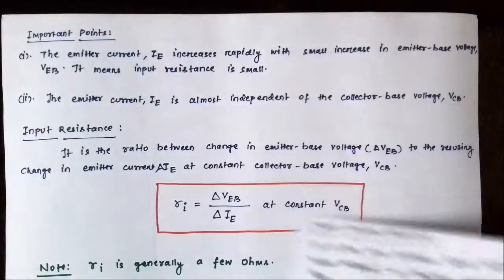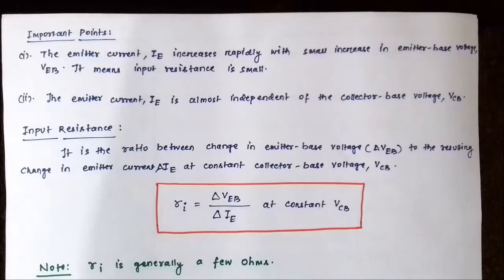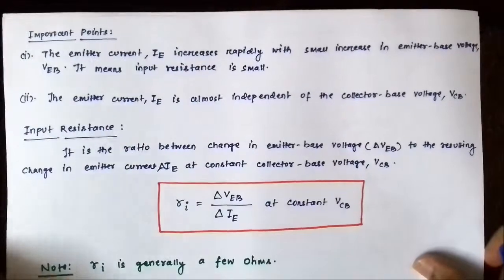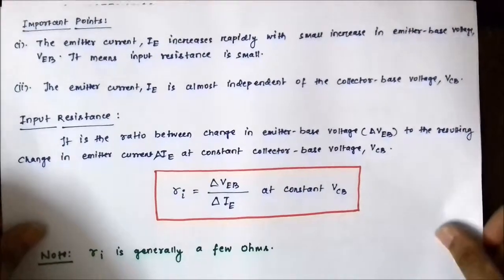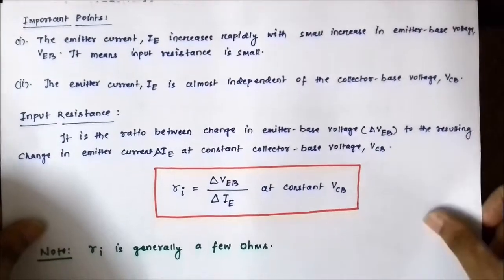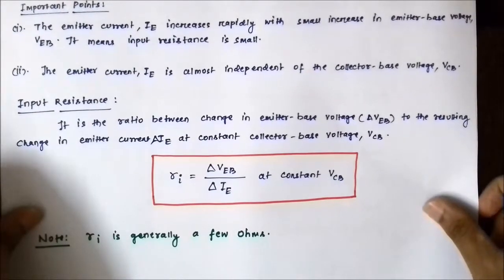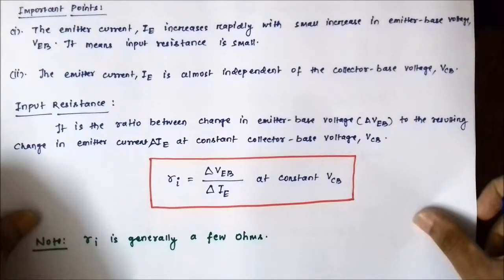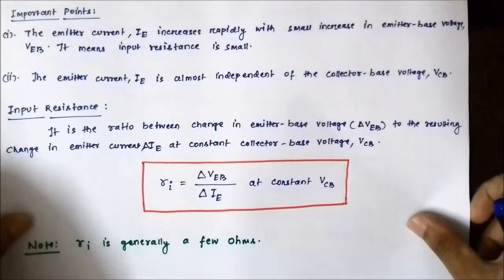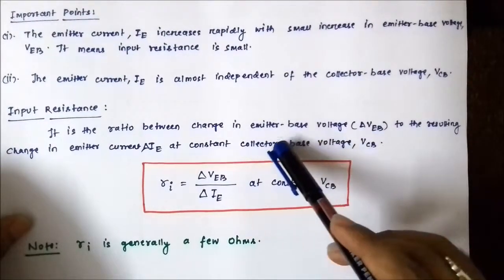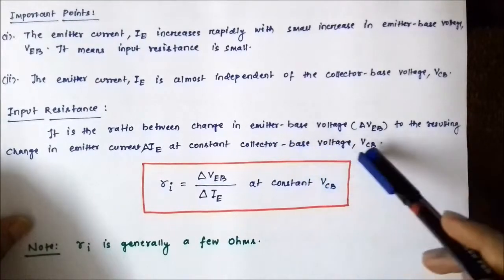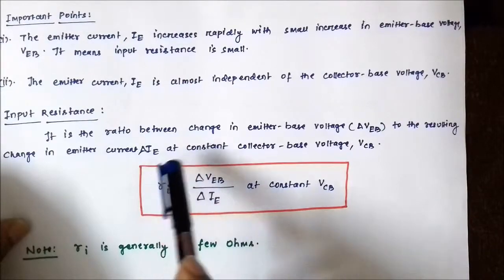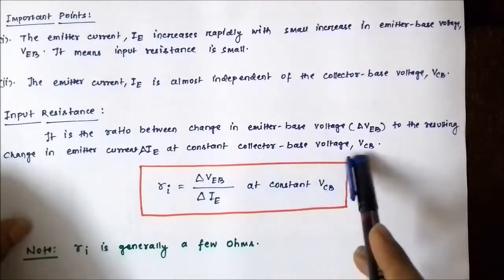Normally the input resistance is generally a few ohms. So here we will find a mathematical expression for calculating the input resistance. Basically it is the ratio between the change in the input voltage, which is the emitter to base voltage, to the resulting change in the input current, which is the emitter current, at constant output voltage, which is collector to base voltage.